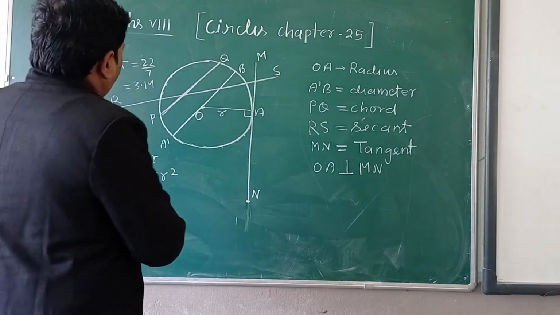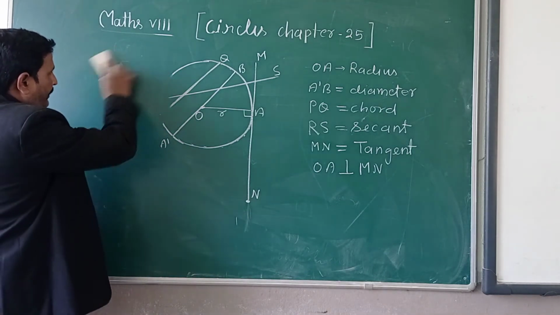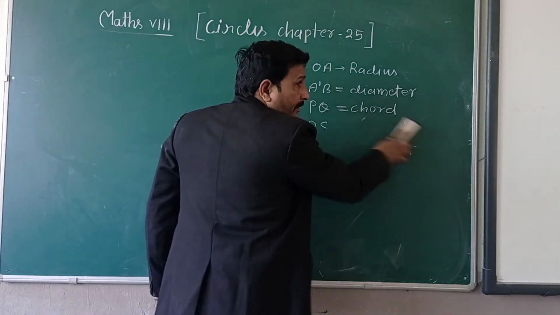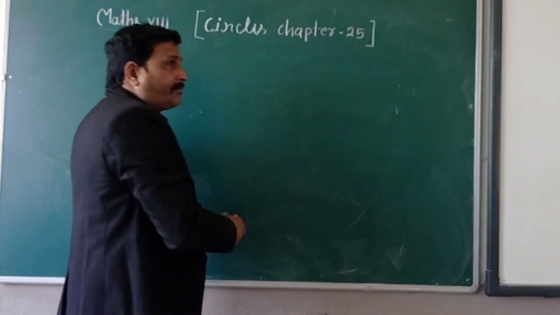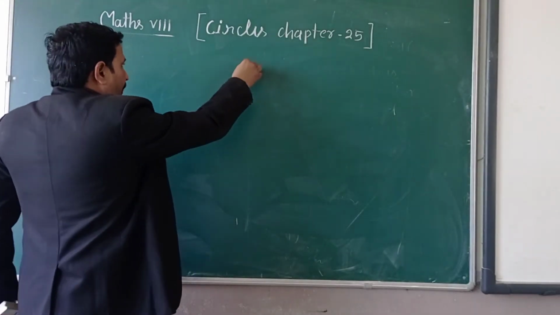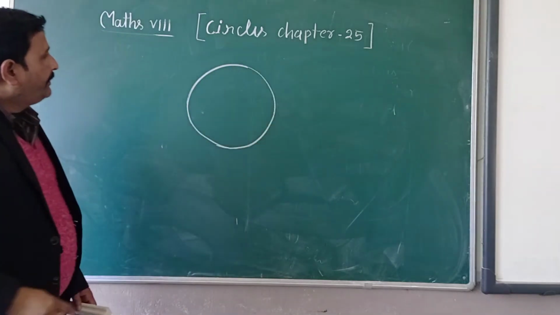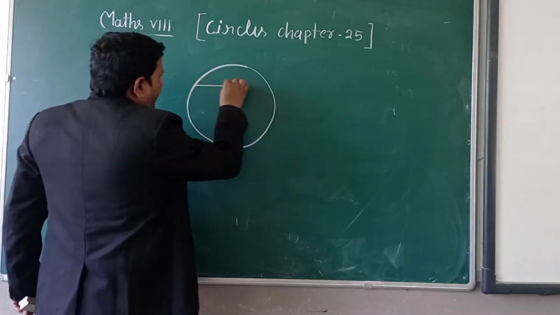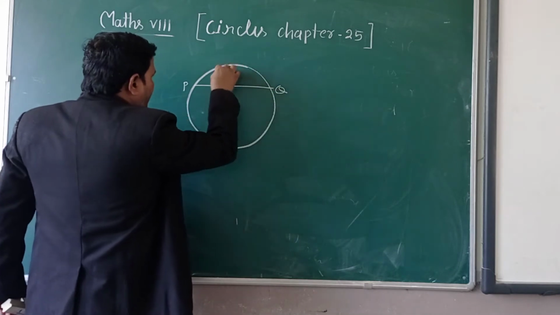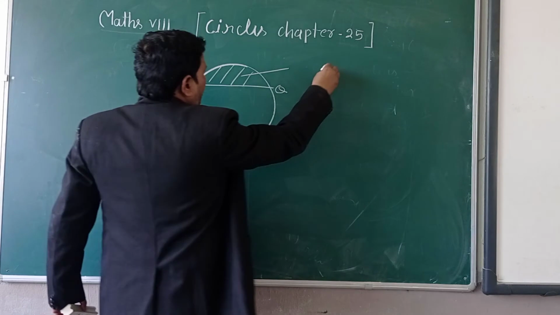Now in a circle, you have to write this on your paper copy. See the area enclosed by a chord. Suppose PQ is a chord. The area enclosed by a chord is known as a segment.